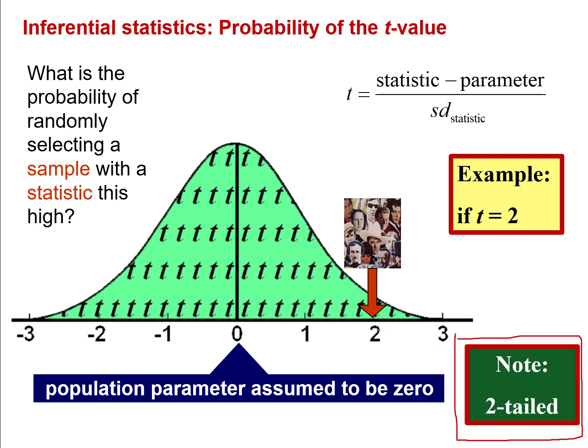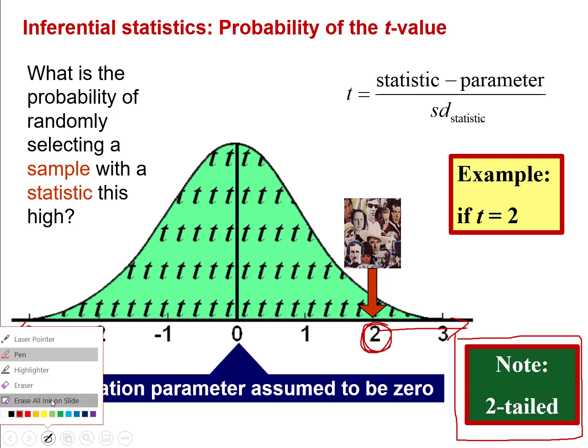So for example, if I get a t-value of 2, a two-tailed probability is the probability of getting a t-value higher than positive 2 or lower than negative 2. So a two-tailed probability gives you the probability of getting a value this far away from the true population parameter in either direction, if the null hypothesis is true.